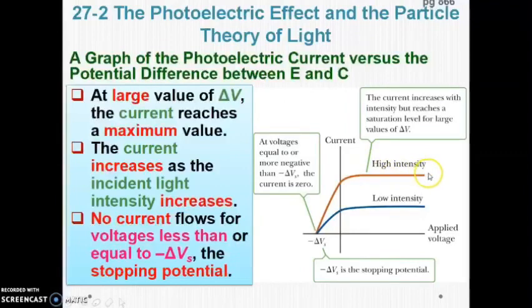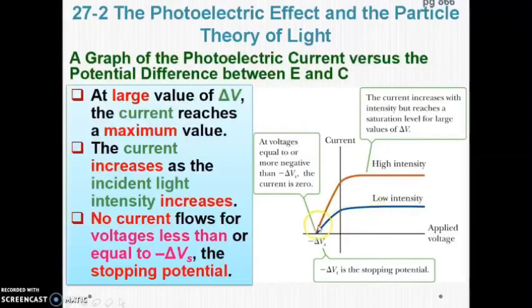The current increases as the incident light intensity increases. So at high intensity, the current is higher, but at low intensity, the current is lower.